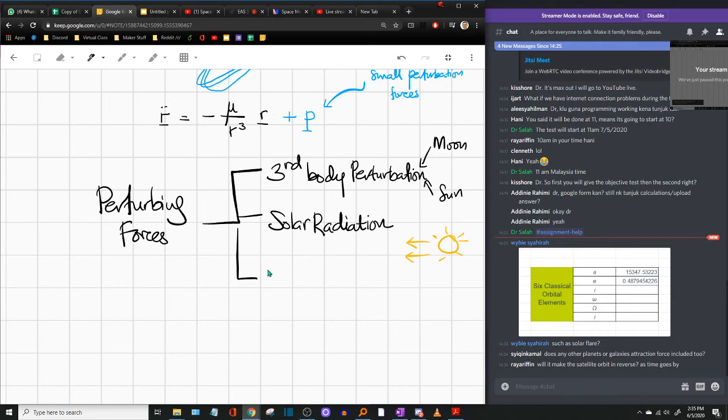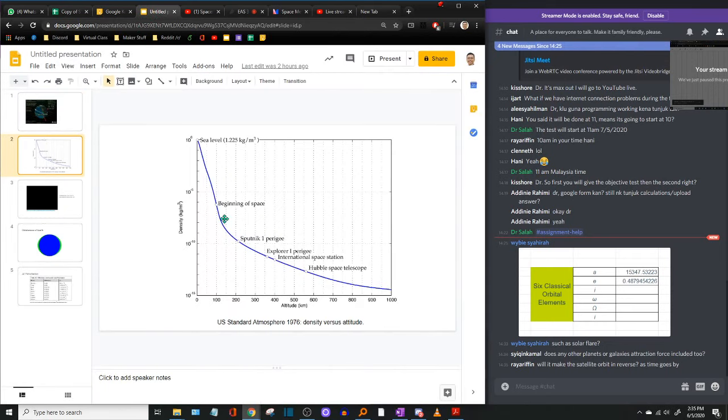And the third one, let me show you here. Space is considered to begin when your altitude is more than 100 kilometers. Even in space, there is still some air density present. At sea level, right now what we are feeling is an air density of 1.225 kilograms per meter cubed.